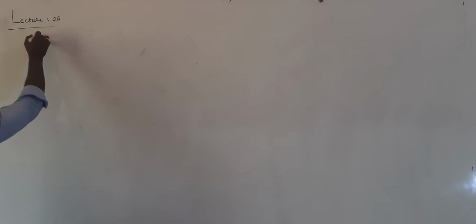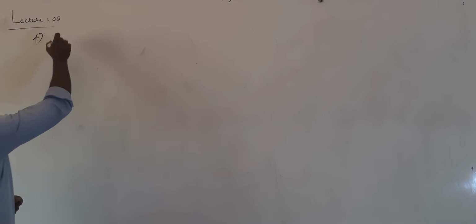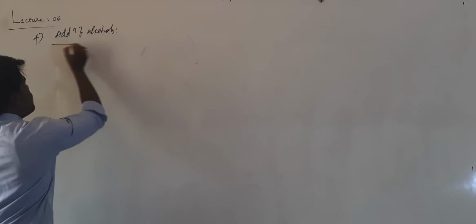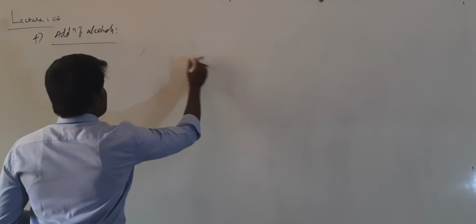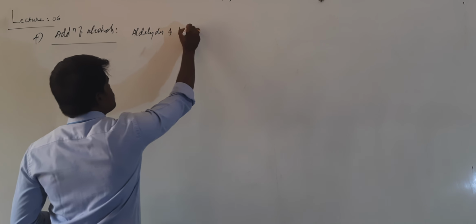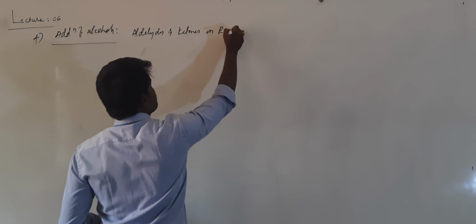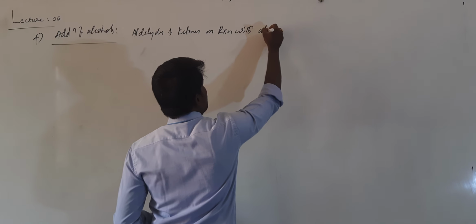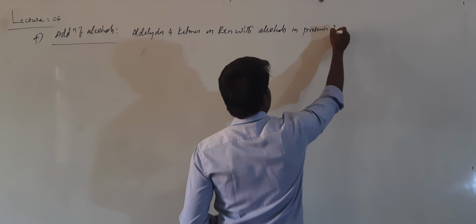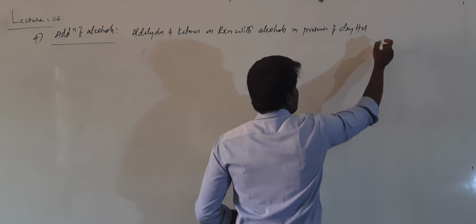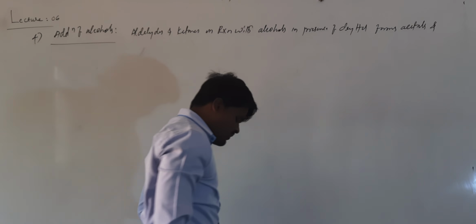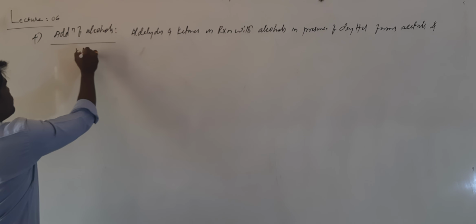If you are talking about the next nucleophilic addition reaction of aldehydes and ketones, that is addition of alcohols, okay, right? Aldehydes and ketones on reaction with alcohols in presence of dry HCl form acetals and ketals.